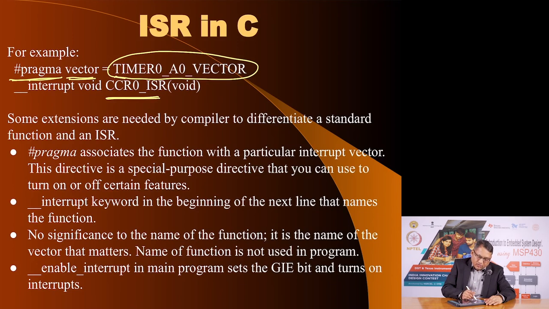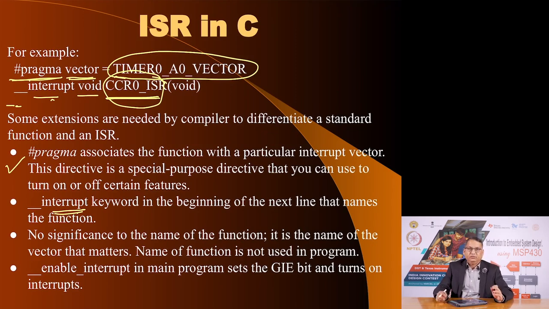By the way, this double underscore interrupt void, these are all necessary, you cannot change these. This name is your choice, you can put your own name. So, you have to have a hash pragma, then this keyword here, and the name of the subroutine itself is your choice, you can put whatever you want.